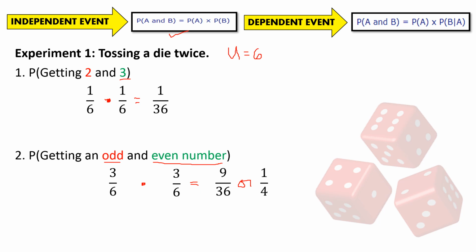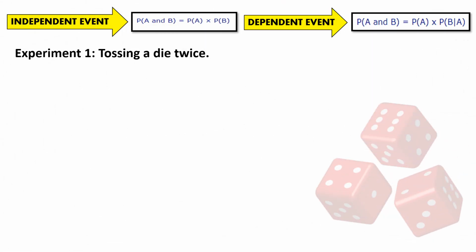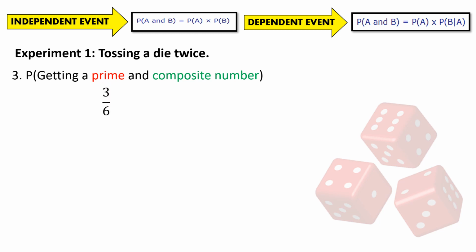Let's have another example, still with the same experiment. Number 3: the probability of getting a prime number and a composite number. How many prime numbers are present in a die? The prime numbers are 2, 3, and 5, so we have 3 pieces, and the probability of getting a prime number is 3 over 6.